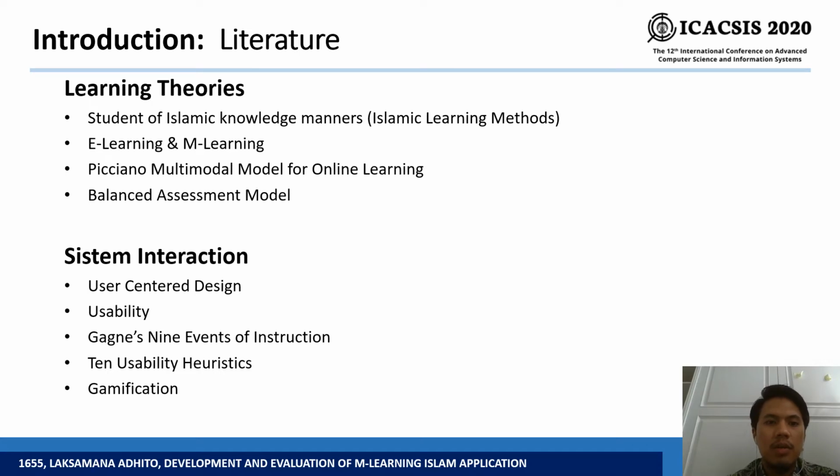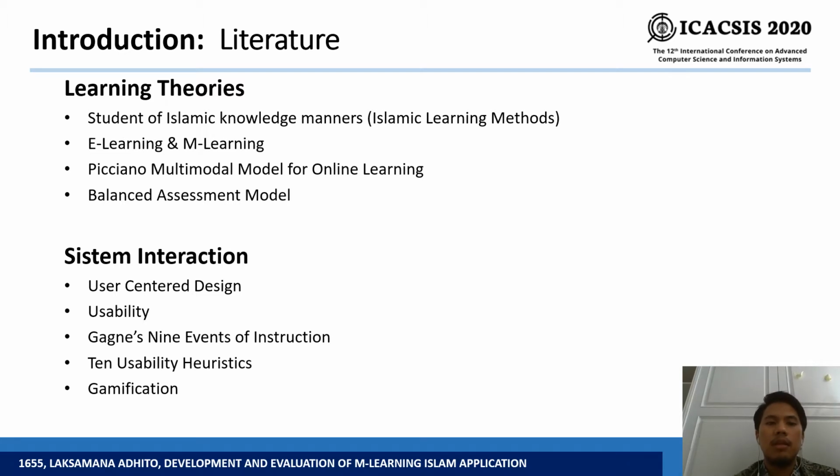So this is the literature that will be used in the research. It is divided into 2 sections. Section 1 is about learning theories, and section 2 is about system interaction. For the learning theories, literature is used about study of Islamic knowledge manners, or Islamic learning methods, or Islamic learner adab.